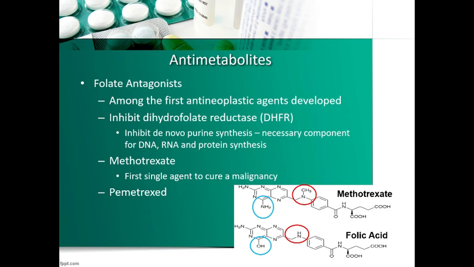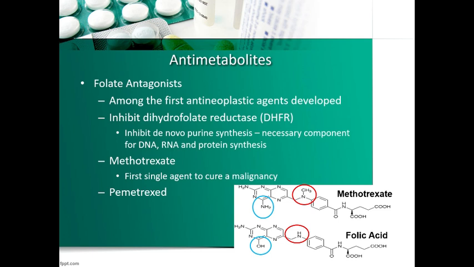So Sidney Farber in 1945, 46, 47 came up with some antifolates and started testing them in leukemia patients and found that they had activity with treating rapidly dividing leukemias. And so that started the antifolate phase. Methotrexate was the first single agent to cure a malignancy, and this was in choriocarcinomas back in 1956. So that's a placental cancer after pregnancy.